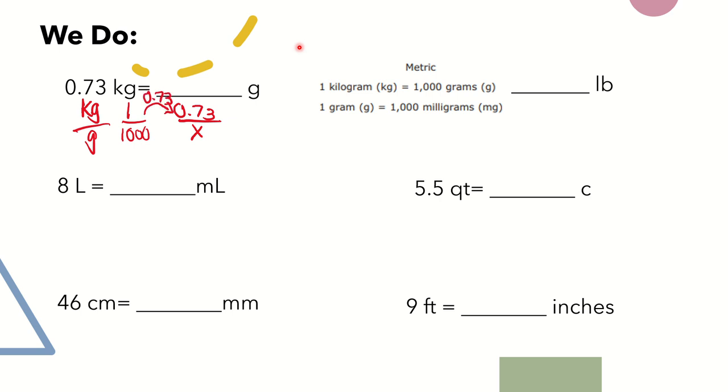So whatever I do to the top, I also have to do to the bottom. So if I go 1,000 times 7/300, I would get 730. So in this case, we know 730 grams.